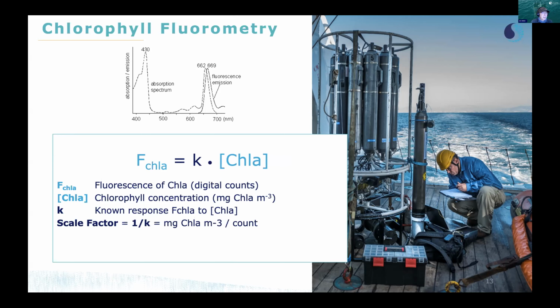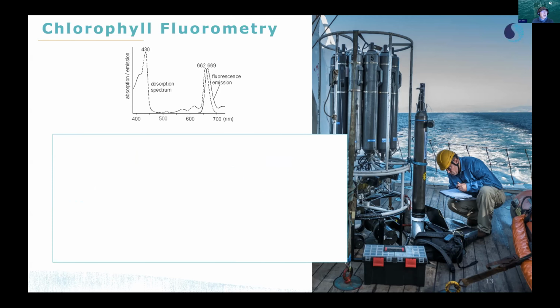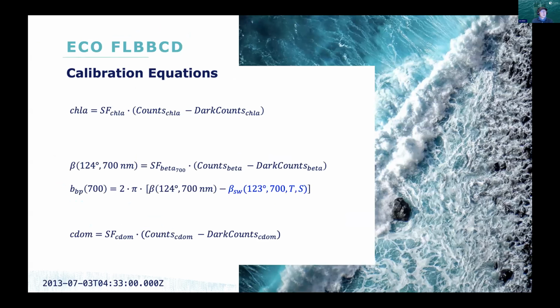We measure F, the fluorescent counts, and we come up with K, or 1 over K, which is our scale factor. We'll go over how that works in metrology later, so I don't want to get ahead of myself. I wanted just to show you here the calibration equations. We have something that looks very much like that in the first line: chlorophyll A is a scale factor times fluorescence counts.